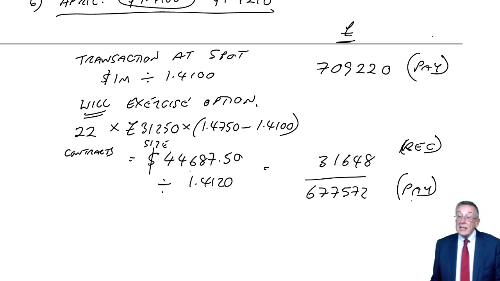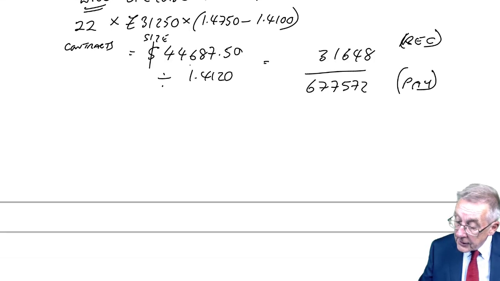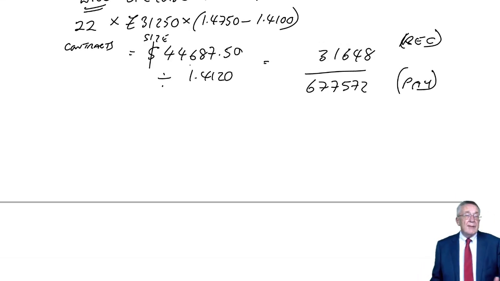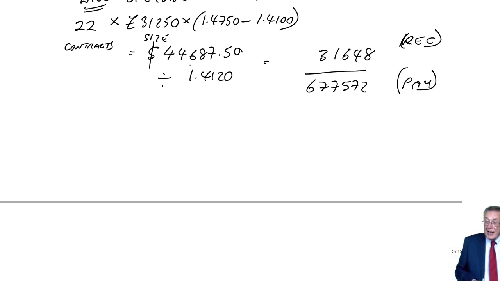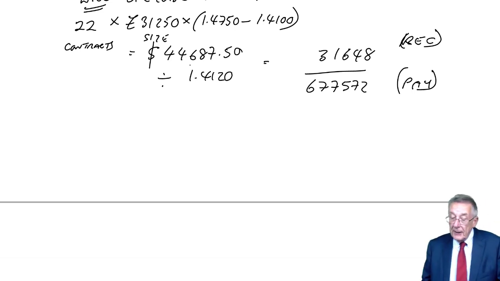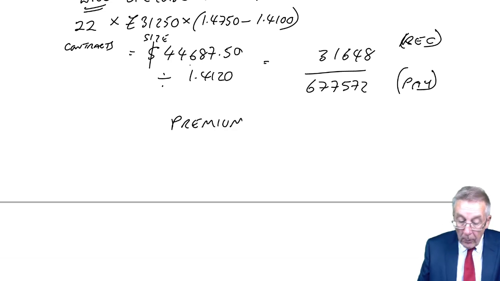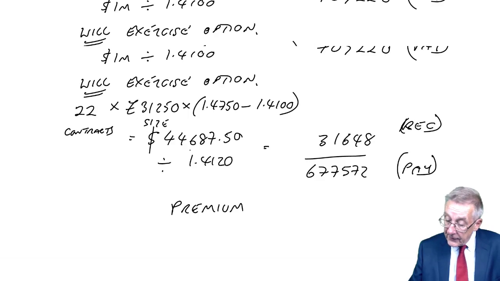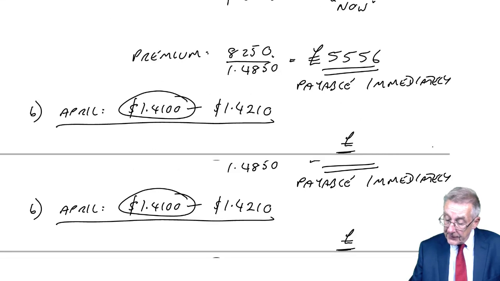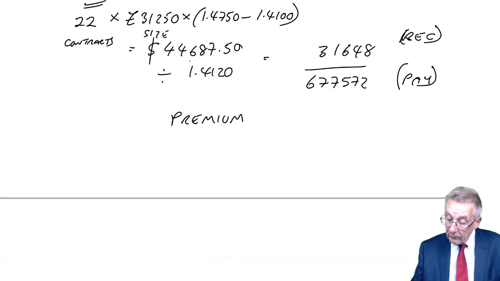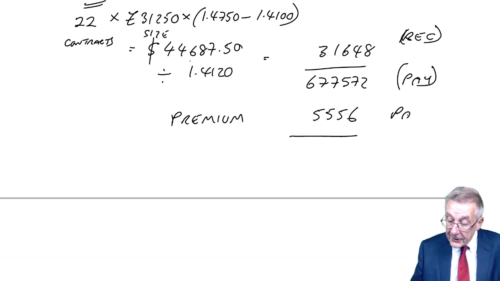Well, there's the net result, except of course, just like with over the counter, whatever happens, whether I'd exercised or not exercised, there was that premium payable. We worked it out earlier, it was 5556. Again, it's a payment.